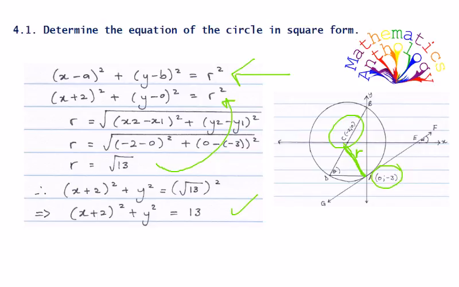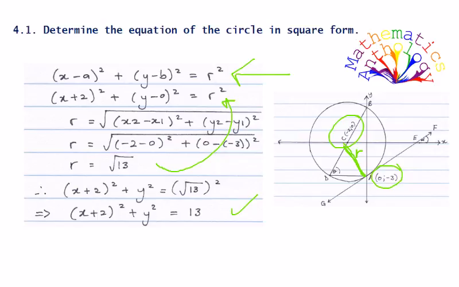Now you need to work out what r is. R is the radius, and you can see on the diagram there I've drawn in a radius, but that joins points C and A, so the center to the circumference, which is a radius. You label it x1, y1, x2, y2 for points A and C. Put it into your distance formula and you'll get the distance of the radius, which is the square root of 13.